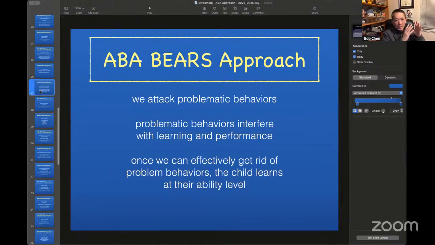That's what we want our kids to be able to get to by stripping away all of these problem behaviors. That's why so much of my lecture has been about the behavior management piece, because for us that is one of the key pieces you need to have to maximize the child's gain.